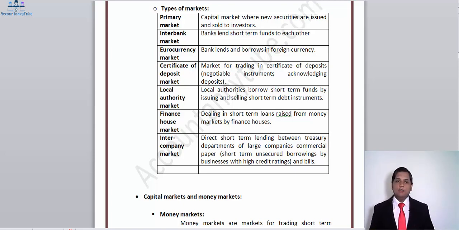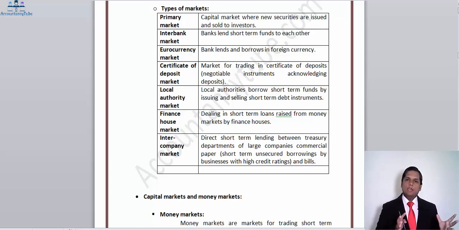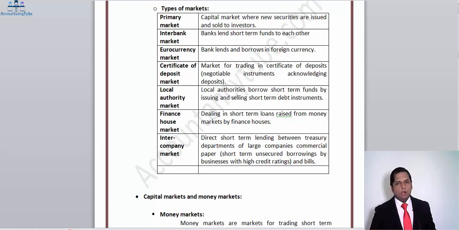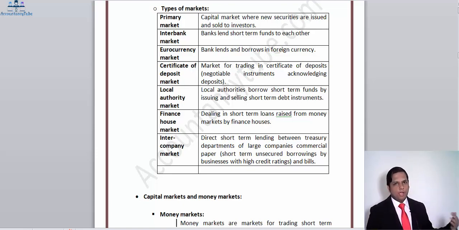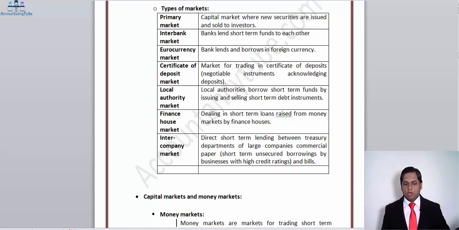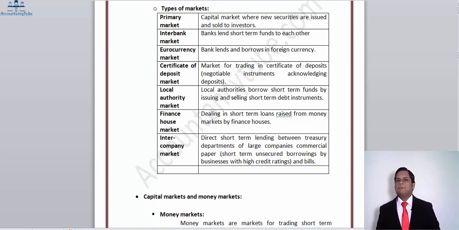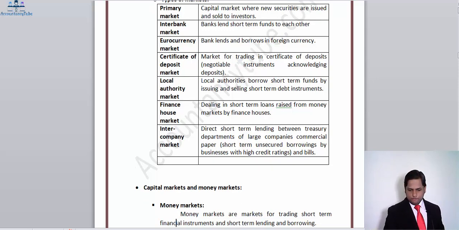Instead of going through an intermediary, which is a lot of hassle, they can offer to grant me the loan directly. Obviously the terms and conditions will be according to the provider of finance, because it has the upper hand. That market, that point of exchange where we exchange a liability against the funds being given to us, is called an intercompany market.